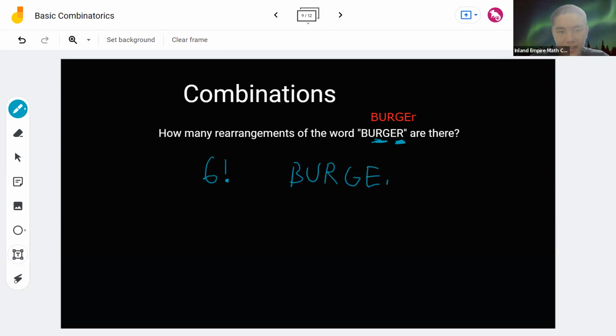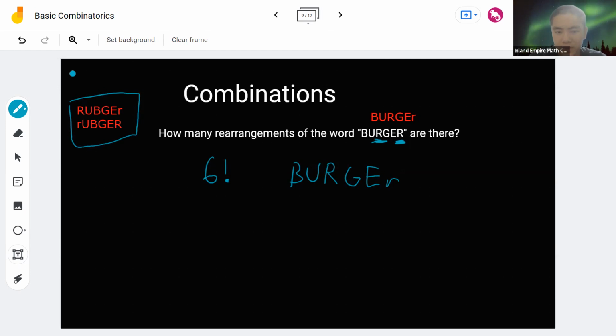But then, as we have just demonstrated, you would get double arrangements like this, RUBGER. When you arrange burger with a small r on the end, you would get 2 arrangements. But in reality, these 2 only count as one arrangement of burger, because when you change the small r back to the big R, they are the exact same rearrangement.